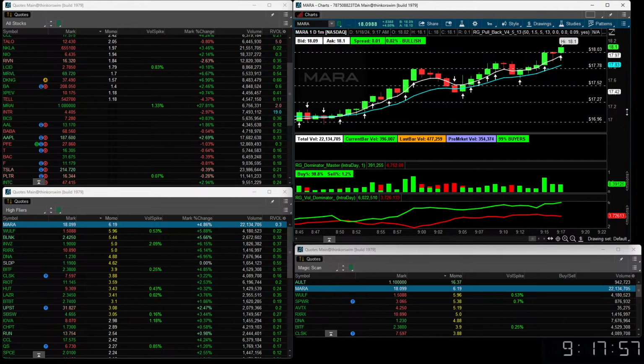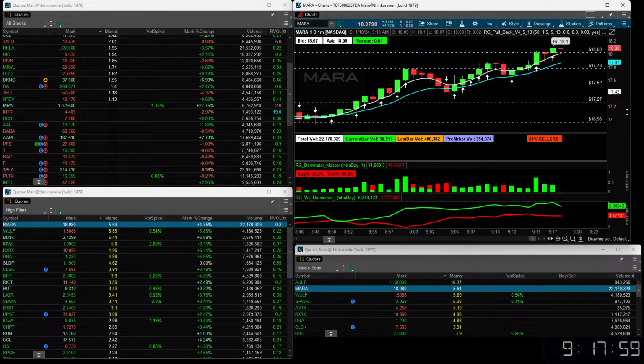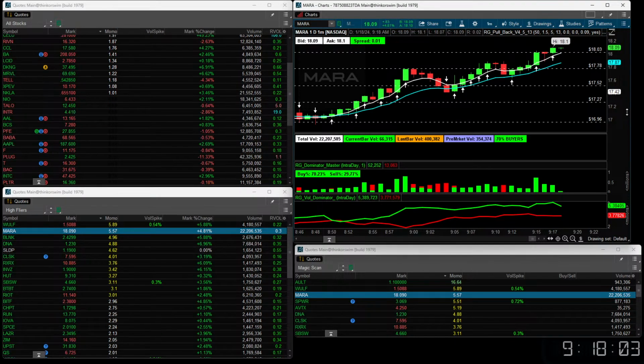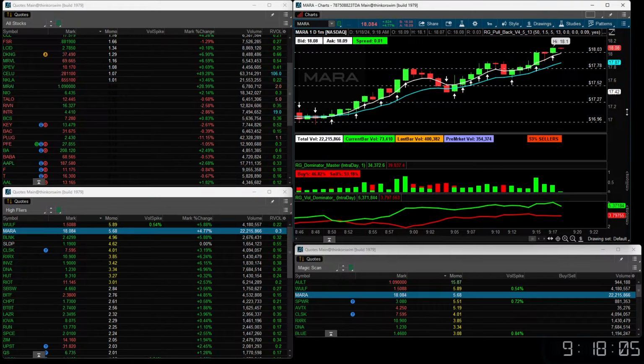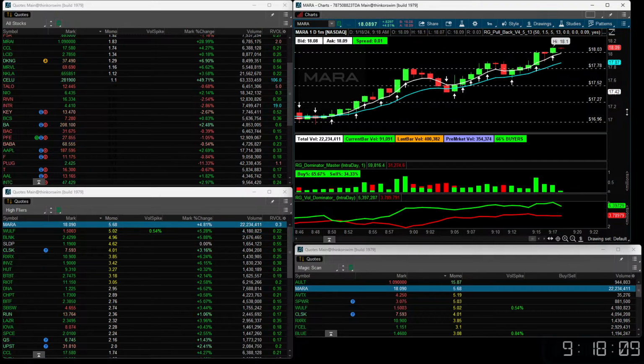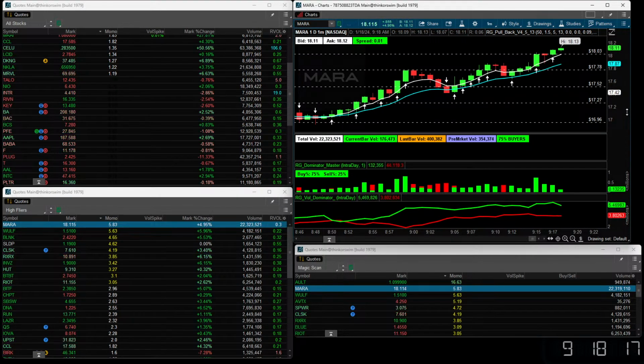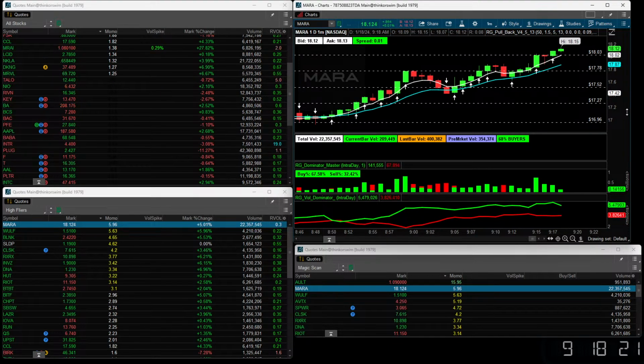There's a spike arrow. I would say you're pretty safe if you got in at that 1803 or around 18 on that red candle. At least you have room to get out before a loss.